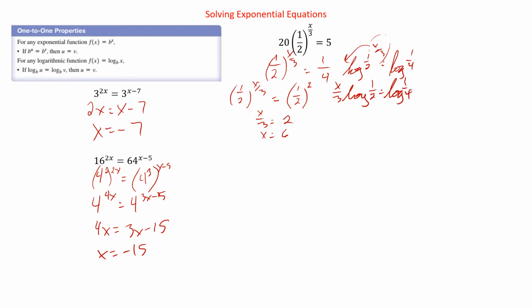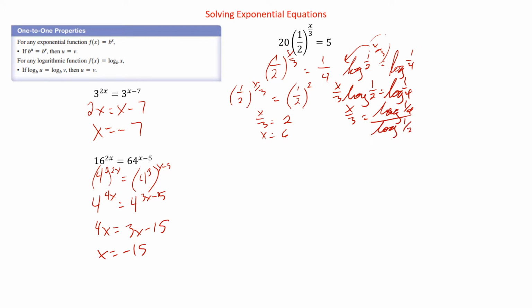Divide by the log of 1/2, because log of 1/4 and log of 1/2 are just numbers. They are not pleasant numbers, but they are just numbers. So we can divide. So we'll have x over 3 equals log of 1/4 over log of 1/2.